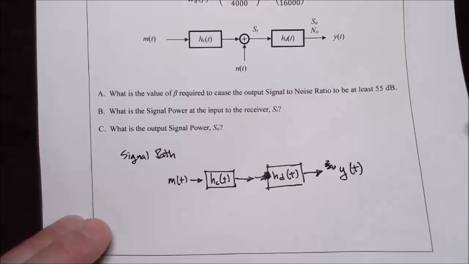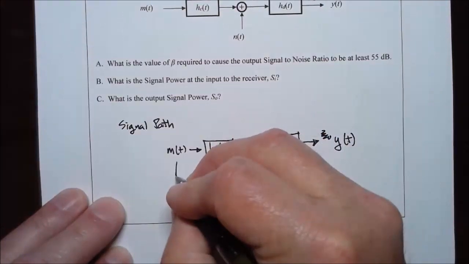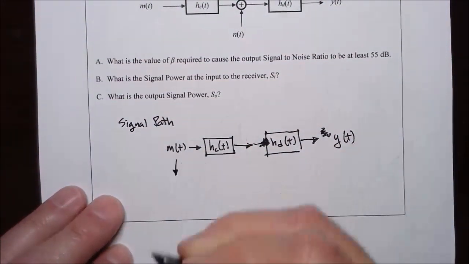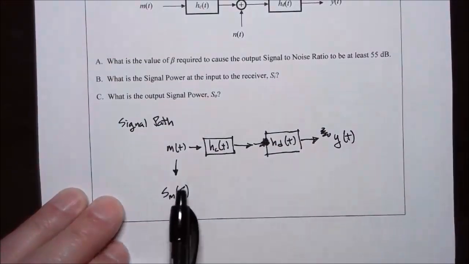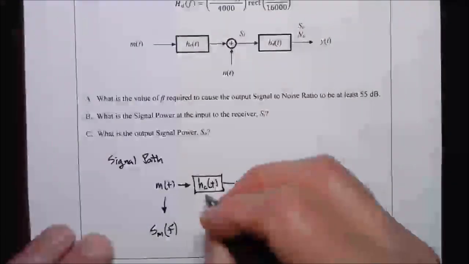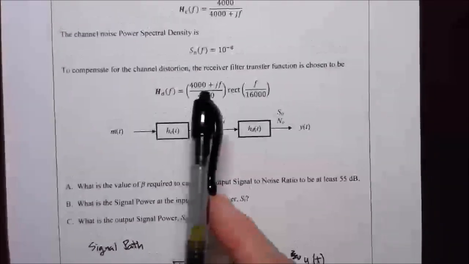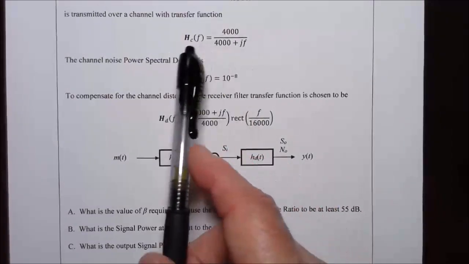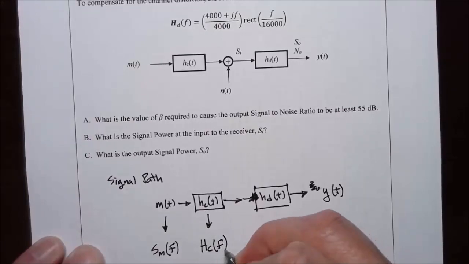Now we know the signal m of t by its power spectral density, which is given to us with this equation. We know this linear system by its transfer function, which is given by this second equation, capital H_C of f.